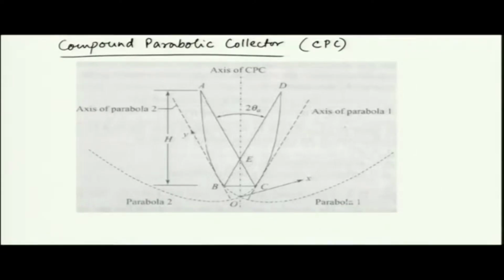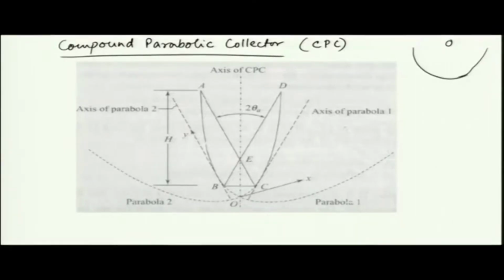Okay. So, why do we call it compound? Compound because it is not a single parabolic surface anymore, which was in case of the parabolic trough. In parabolic trough, what did you see? We had a single parabola, okay, and you had a collecting tube or absorber tube at the focal point of that parabola. Okay.